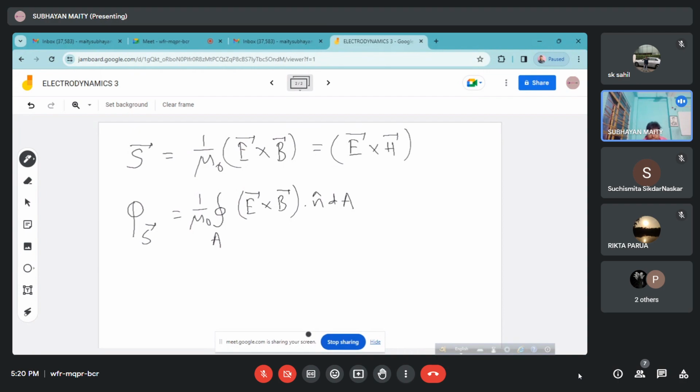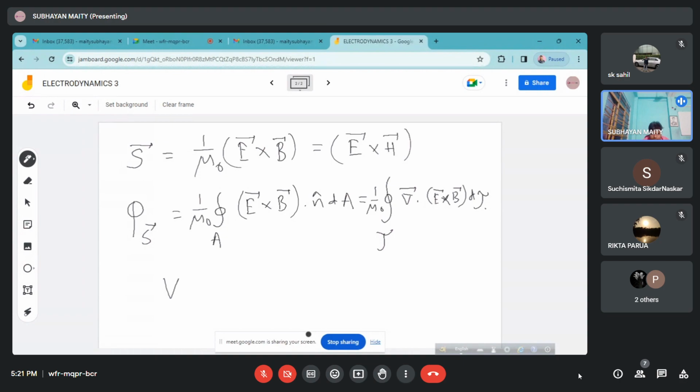So this is the flux of this vector S over a closed surface A. And following Gauss's divergence law, you can write this is equal to 1 by mu naught times the integral over a bounded volume tau, where tau is the volume bounded by the surface A, of the divergence of E cross B d tau.